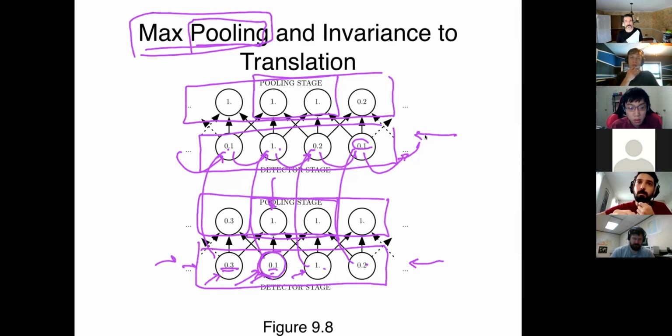So you put 1 here, right? Maybe you could change colors because I'm not really following. Are we seeing the same slide? Max pooling and invariance to translation. Yeah, it's just that the color is all blending together. I guess I wasn't seeing changes on the slide.